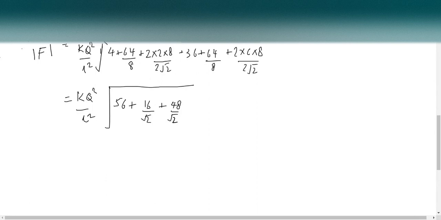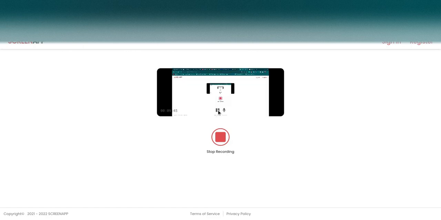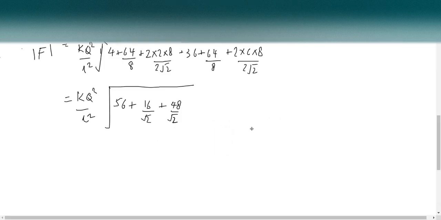If we sum it over, let me make it simpler and directly give you the magnitude. Now this whole square will be equal to, okay, k q square by L square, square root of 101.26.